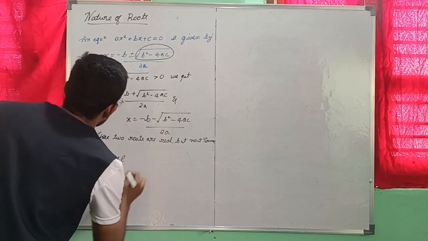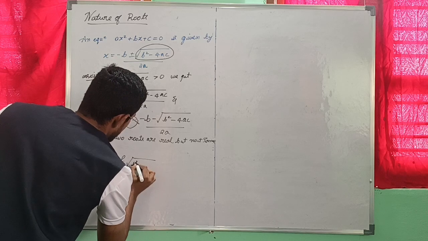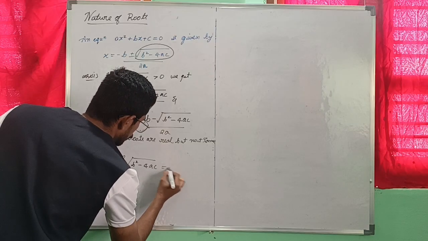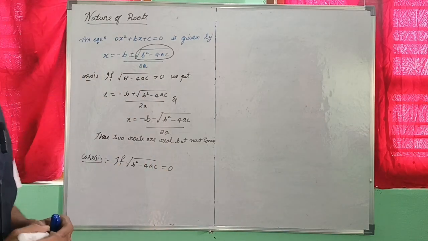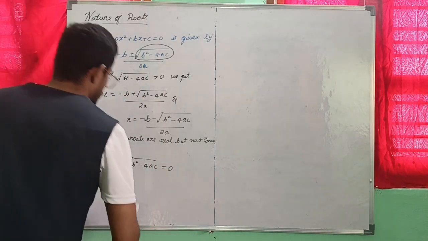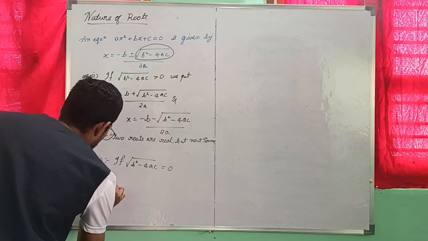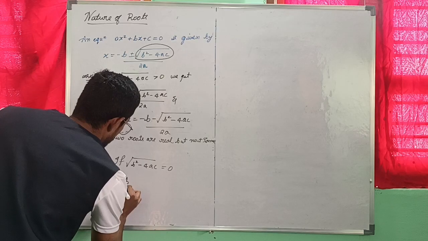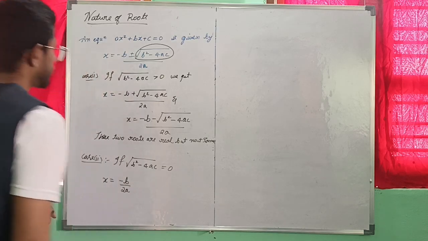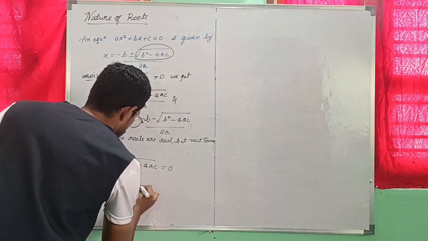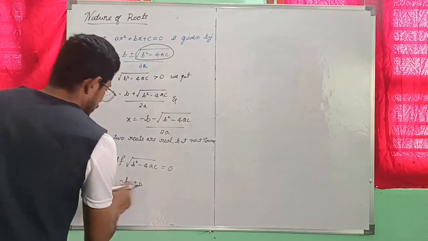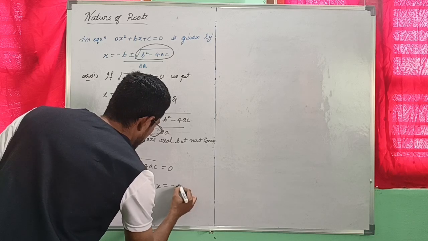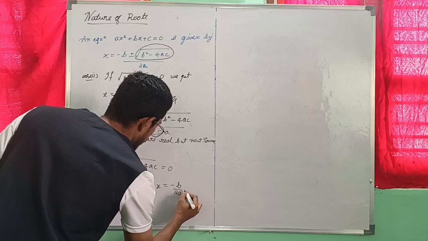If root b square minus 4ac is equal to 0, what will it become? We get x equals minus b by 2a plus or minus 0, that is, we take plus 0, and x equals minus b by 2a minus 0.